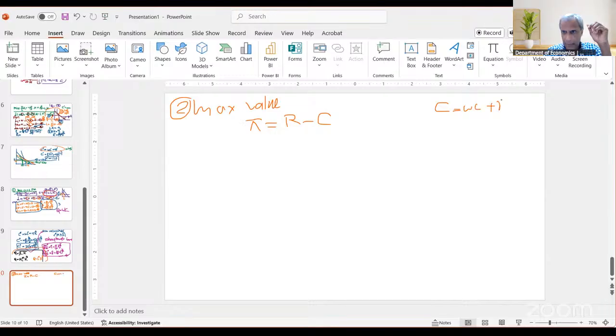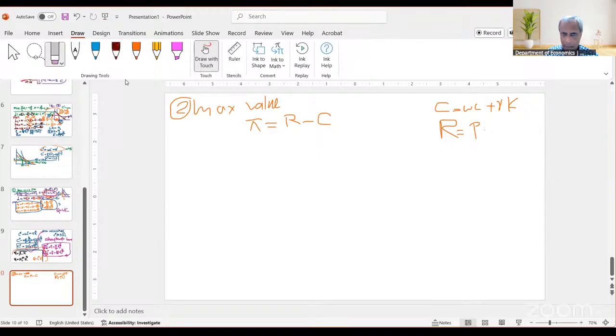Now the cost equation we already know, in the case of L and K, two variables, two input case. You can add all the inputs also, we can do that. Now R is revenue. Revenue is P, that is the price, multiplied by Q. Now let's say the production function is the same one.